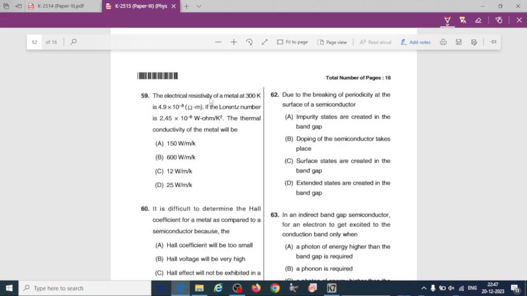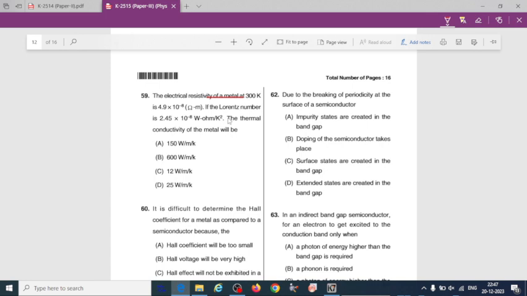The electrical resistivity of a metal at the given temperature is 4.9 times 10 to the power minus 8 ohm meter. If the Lorentz number is 2.45 times 10 to the power minus 8 watt ohm per Kelvin squared, the thermal conductivity of the metal will be?